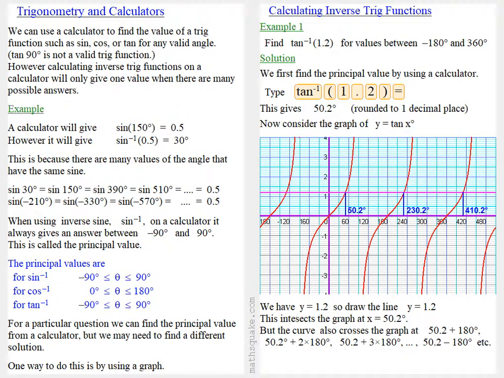Or 50.2 minus 180 degrees, and so on. Now, if we take those values which lie between minus 180 and 360 degrees, we get the answer. The inverse tan of 1.2 could be 50.2 degrees, or 230.2 degrees, or minus 129.8 degrees.